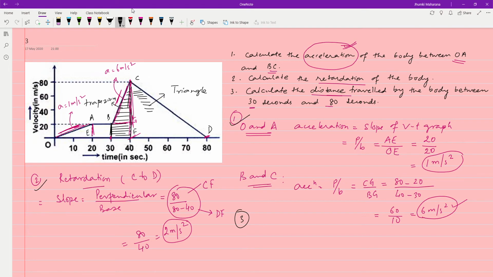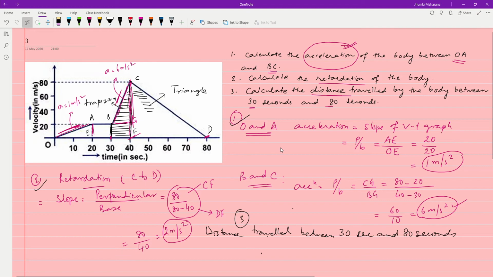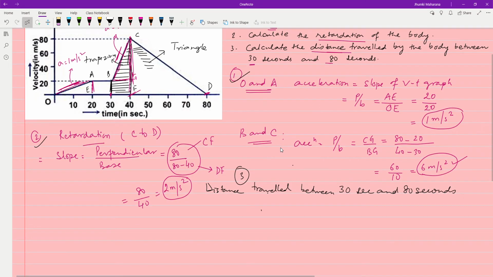So distance would be equal to distance travelled between 30 seconds and 80 seconds. Let us find out. So this would be equal to how much?